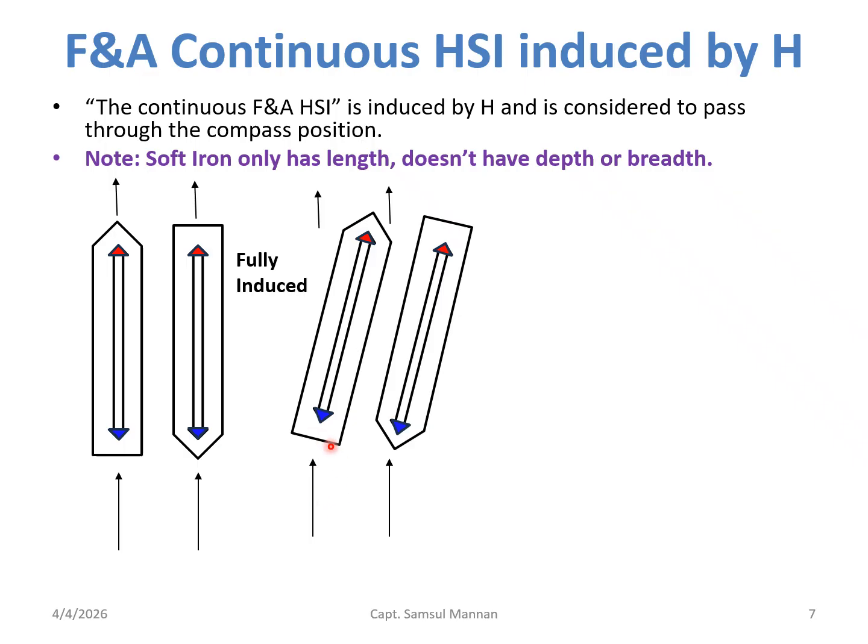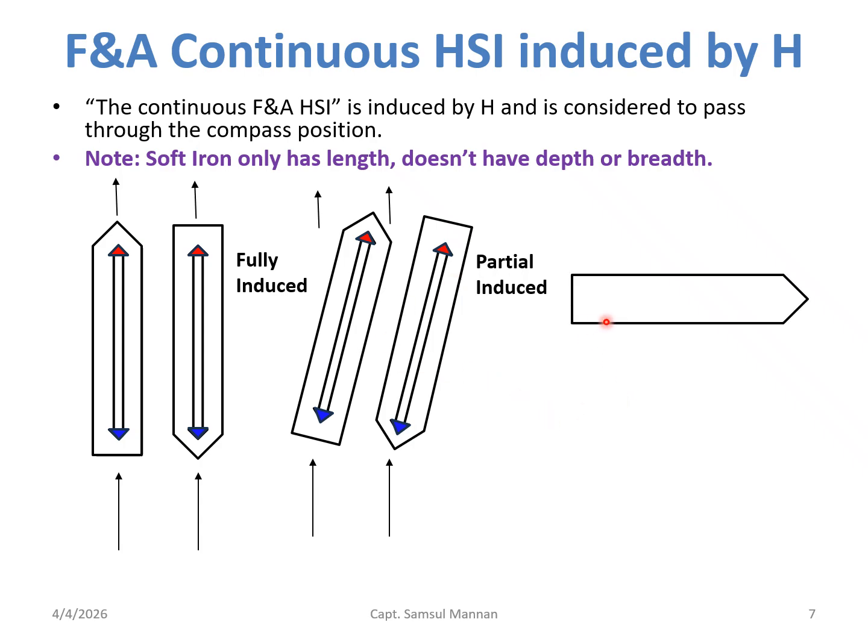When the magnetic lines of force enter, it will create a blue pole, and on the side where the magnetic lines of force are emitting, it will create a red pole. Now let's see what happens. This type of induced soft iron, we call partially induced soft iron, and we call it partial induction, right?